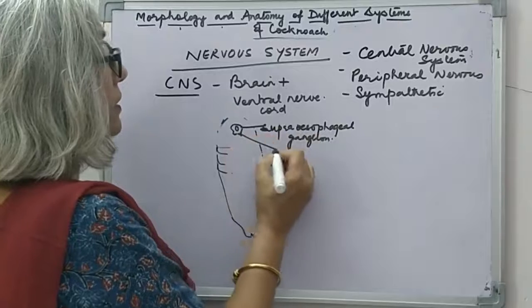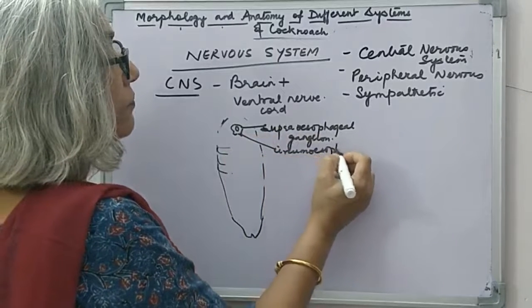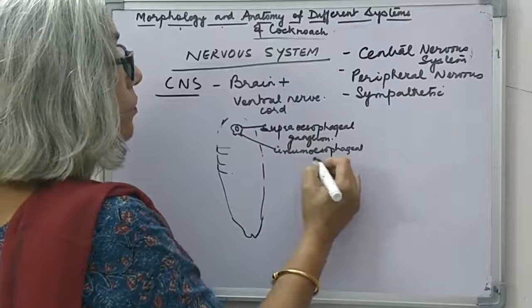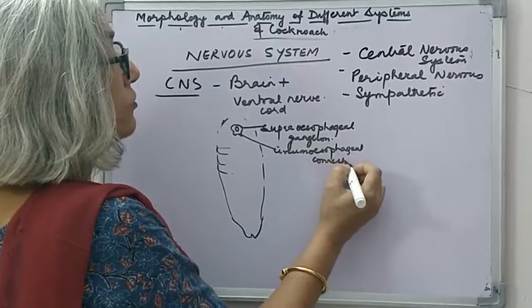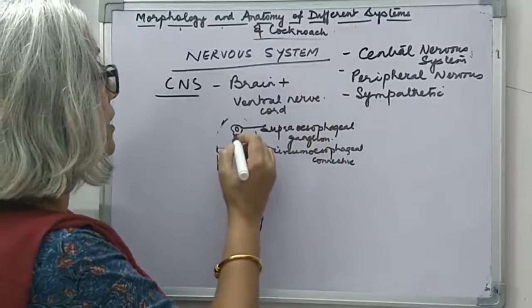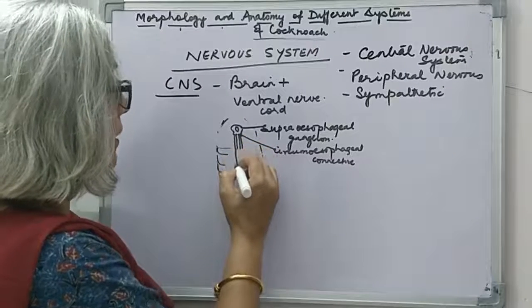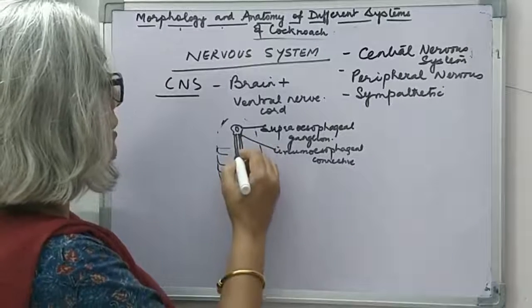Then the circumesophageal connective, which joins the subesophageal ganglion on the ventral side. This gives rise to 2 nerve cords which run the entire length of the organism like this.